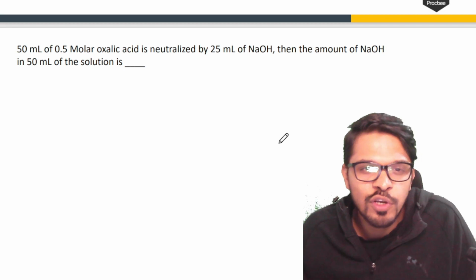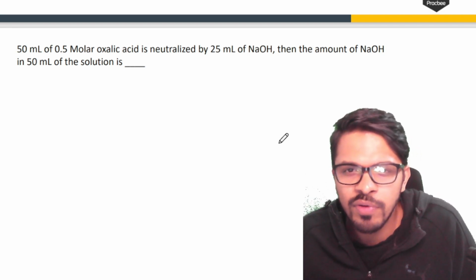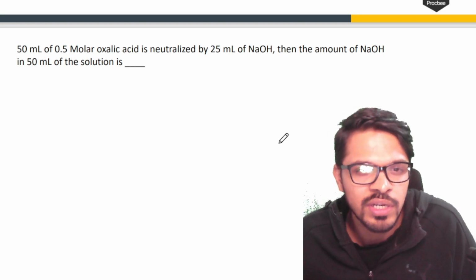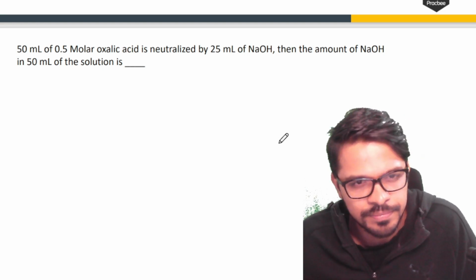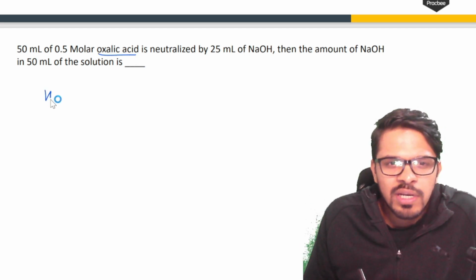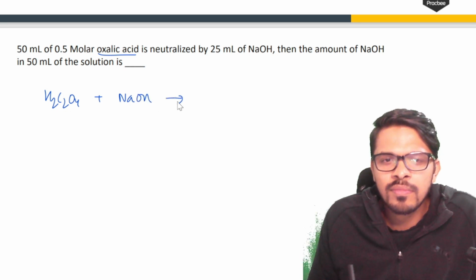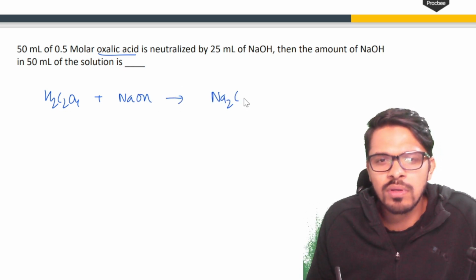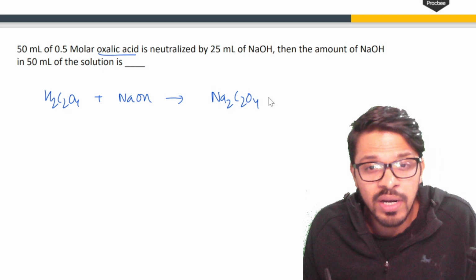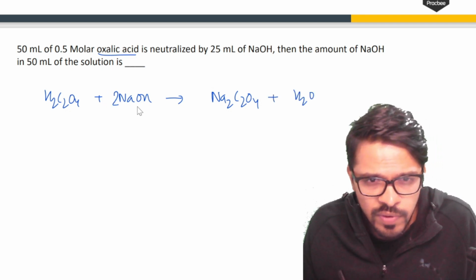50 ml of 0.5 molar oxalic acid is neutralized by 25 ml of NaOH. Then the amount of NaOH in 50 ml of the solution is. So oxalic acid is H2C2O4, and if it reacts with NaOH and is perfectly neutralized, I can say 2 moles of NaOH are required.